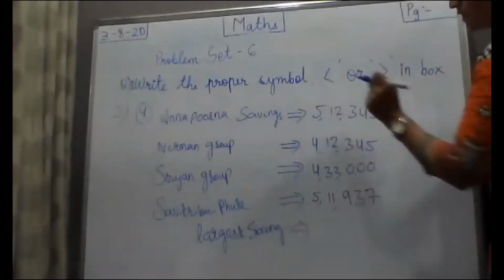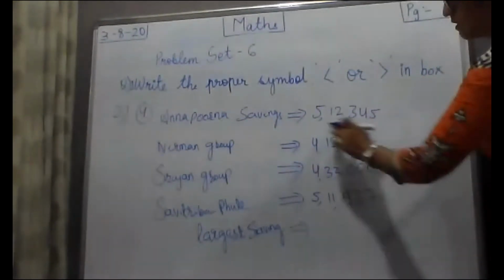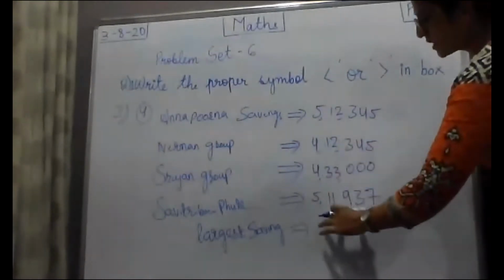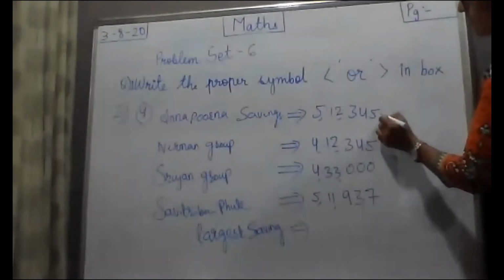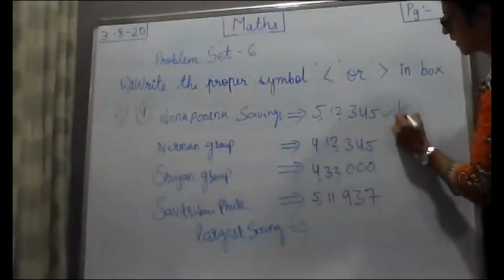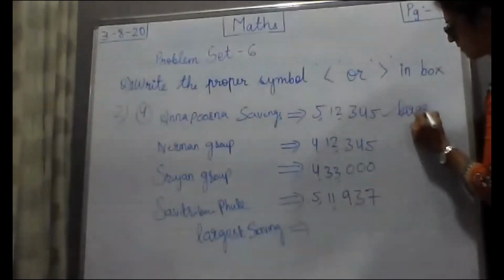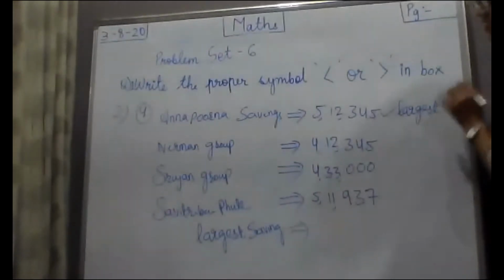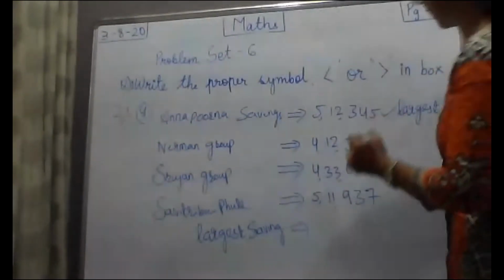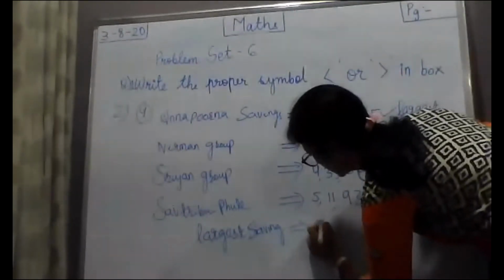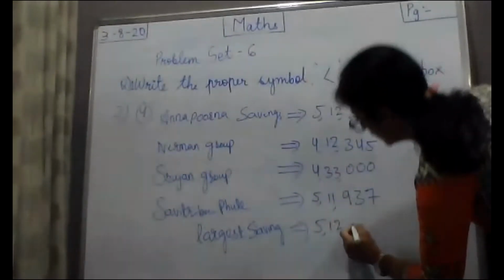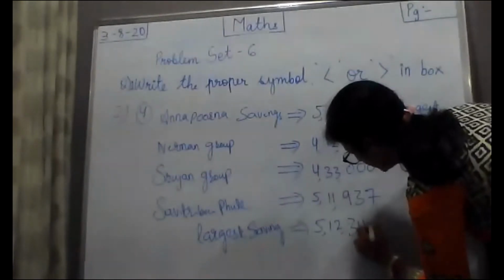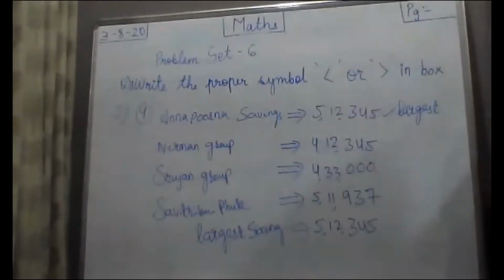Here 5,12,000. Leave this. In this 5,12,000, here it is 5,11,000. So who is having the largest? This one. Largest sale, Annapurna, that is the number 5,12,345. Okay.